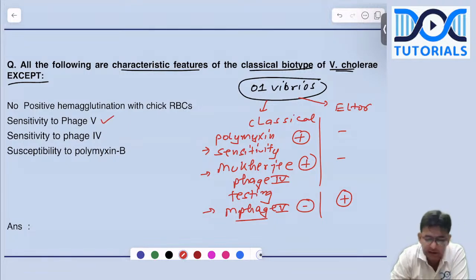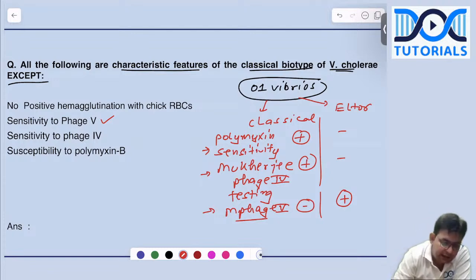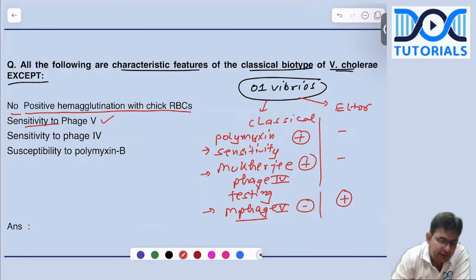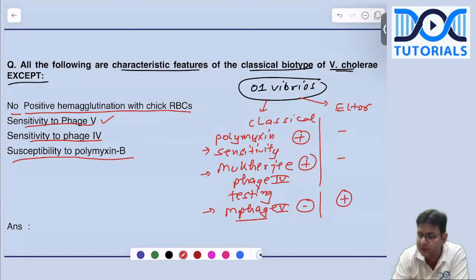Sensitivity to Phage 5 is not there in classical. Positive hemagglutination with chick RBCs is a feature of El Tor; in classical there is no positive hemagglutination. Sensitivity to Phage 5 is seen in El Tor, that's why this is the answer. Sensitivity to Phage 4 and susceptibility to polymyxin B I already told you. So the answer is B, and I suppose everybody agrees.